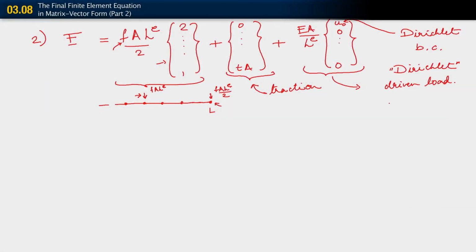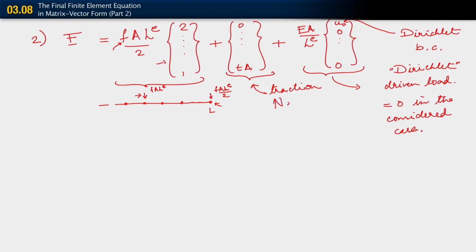So let me just say one more thing here. This Dirichlet driven load is equal to 0 in the considered case. Okay, so there we have it, the various contributions to the effective forcing on the problem coming from the distributed forcing function, from the traction, the Neumann boundary condition, right?